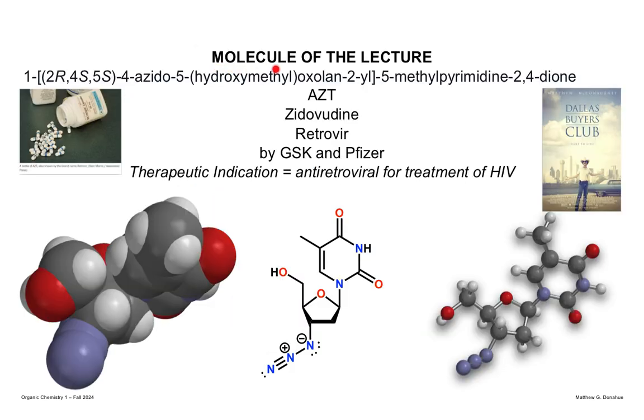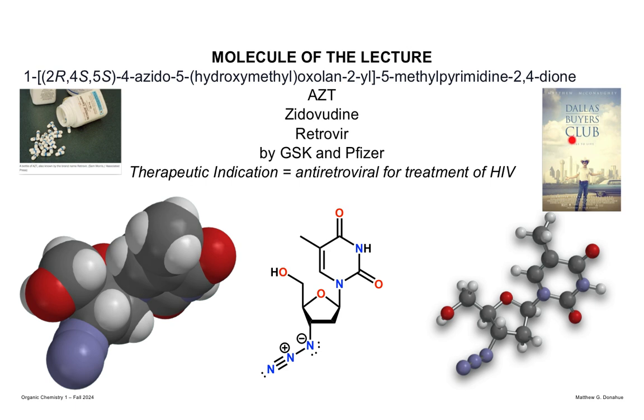So here is that molecule of the lecture, AZT. It's also called zidovudine or Retrovir, and it's sold by GSK, which is GlaxoSmithKline, and Pfizer. The therapeutic indication, so a doctor will prescribe this to a patient, a pharmacist will dispense the medication, is an antiretroviral treatment for HIV.